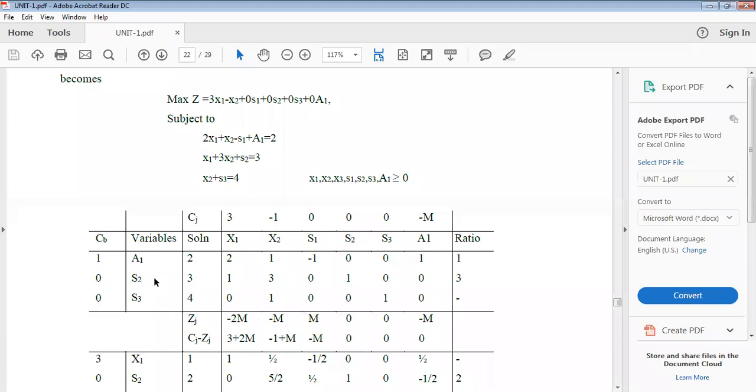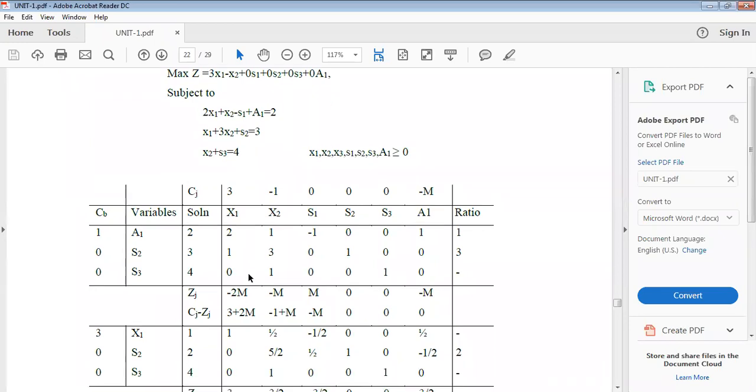Now you multiply 1 into 2. Here it is not 1, this is minus M. This is minus M.